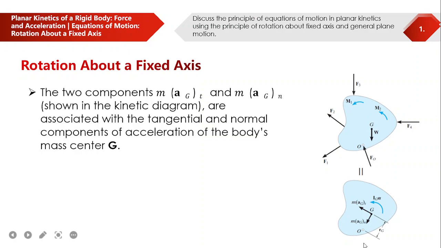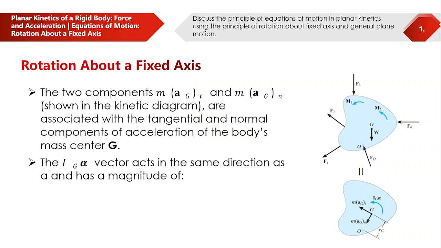Shown in the kinetic diagram, two are associated with the tangential and normal components of acceleration of the body's mass center G. As you can see here, we have mass times the tangential component of the acceleration and another force caused by the normal component of the acceleration.